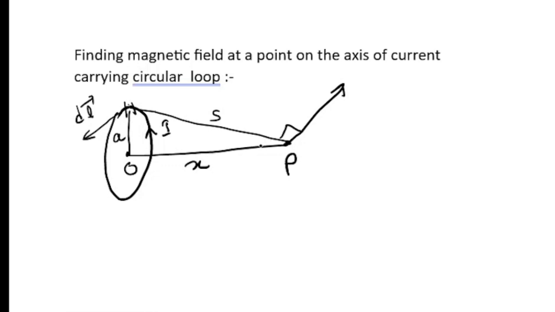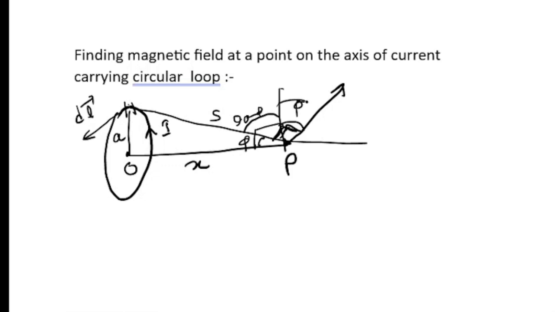If this angle is phi, then this field will divide into two components. This total angle is 90 degrees, and this one is phi. How is it phi actually? See, if the total is 90 degrees, then this angle is 90 minus phi.